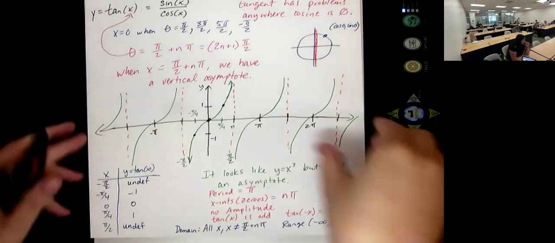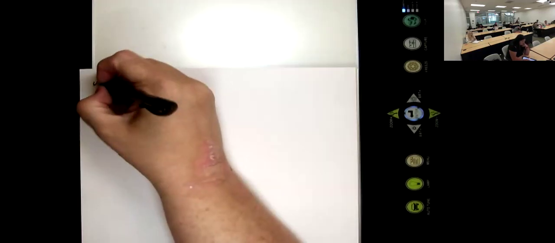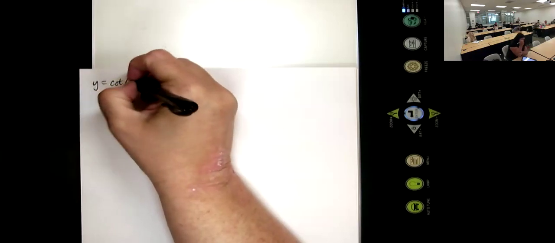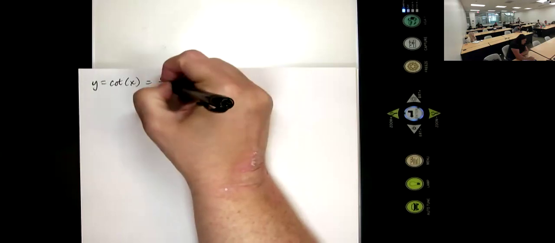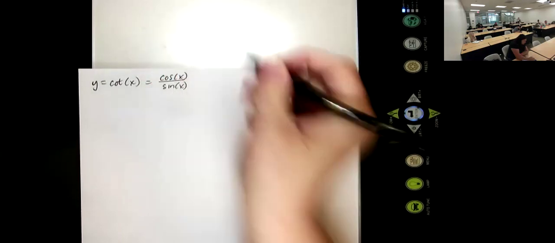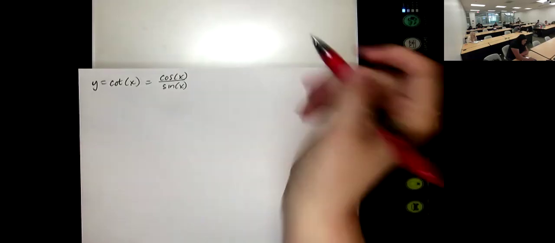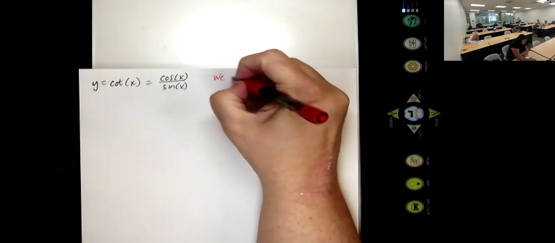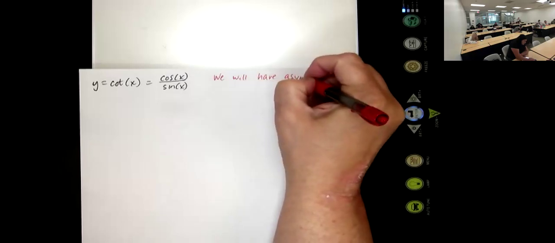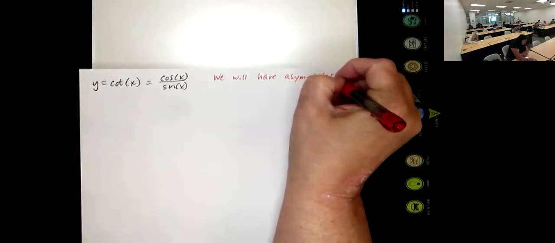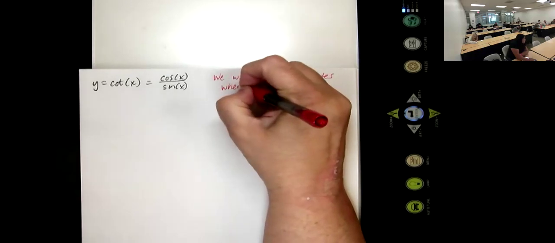Alright. Next one, cotangent. Y equals cotangent x, that's cosine over sine. So we will have asymptotes where sine x equals 0.